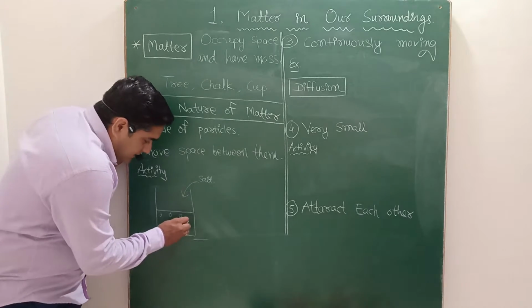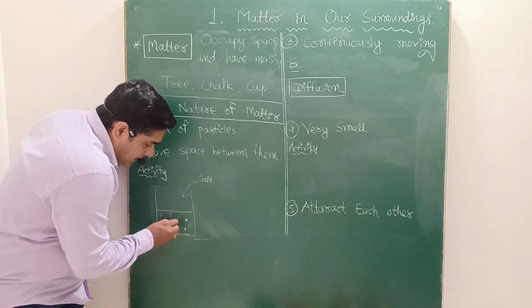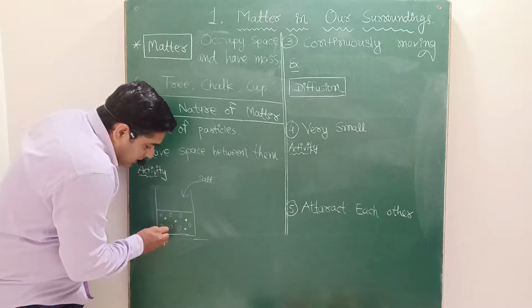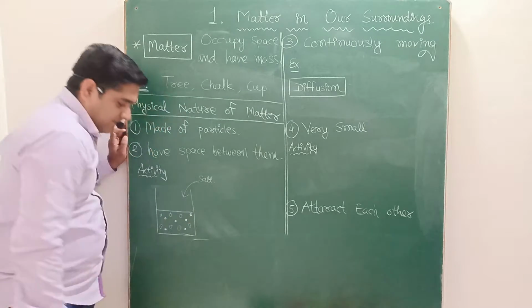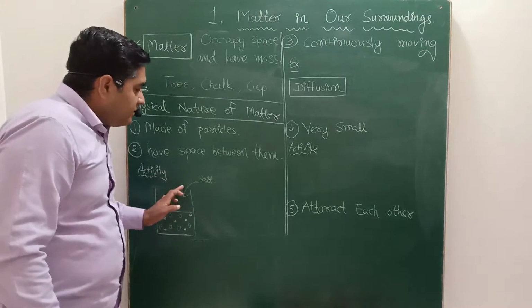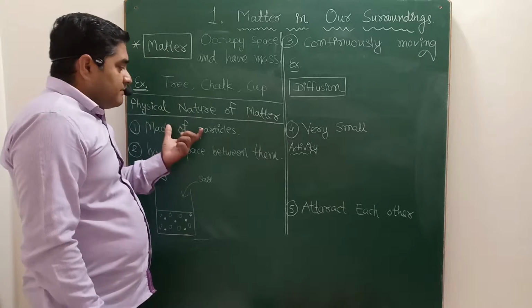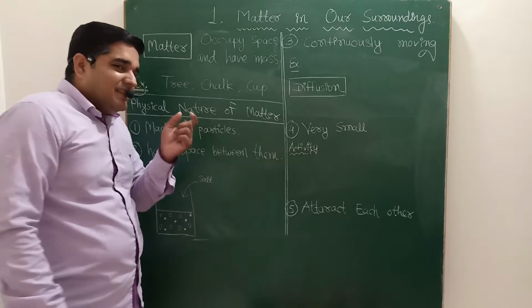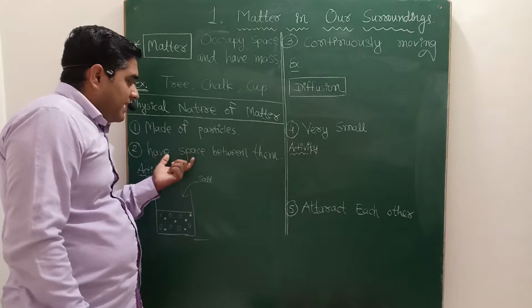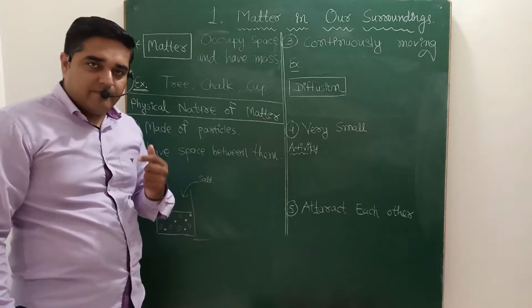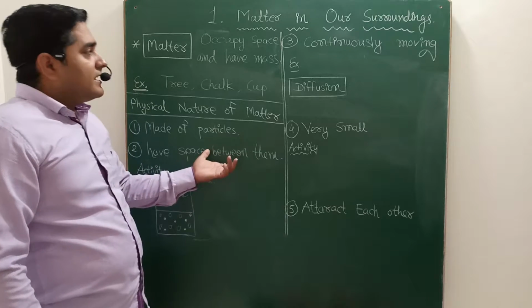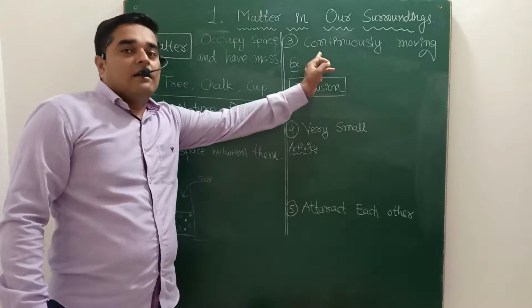So, my friends, the remaining space is filled with the salt particles. So that's why you can say that matter is made up of particles and these particles have a space between them.